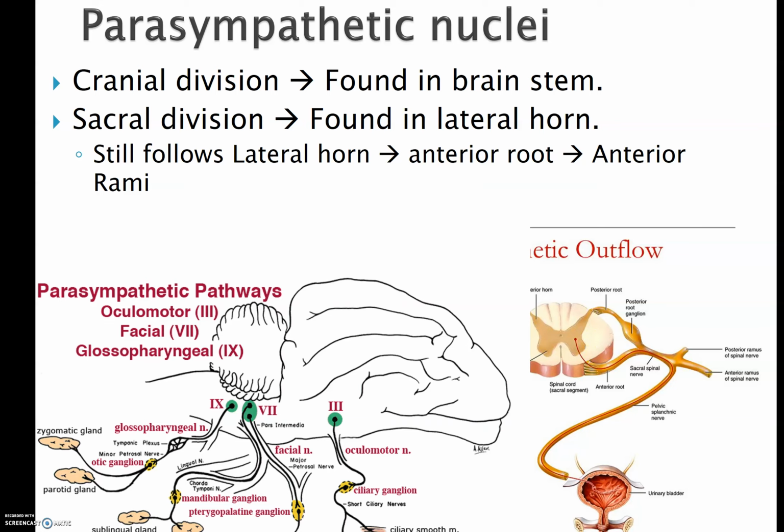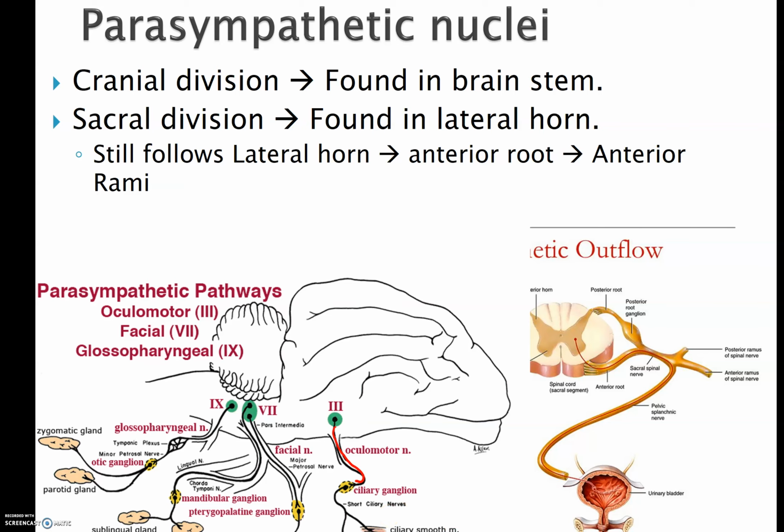Now, the four nuclei for the parasympathetic nervous system that leave the brainstem are the nuclei for the oculomotor nerve. There it goes. And its ganglia is near the eyeball because it goes to the muscles of the ciliary body, which we'll talk about in the next chapter, and the pupil causes constriction.